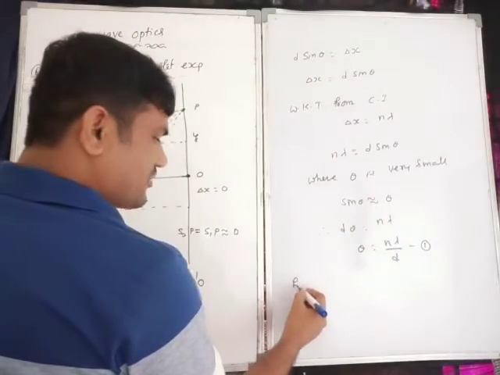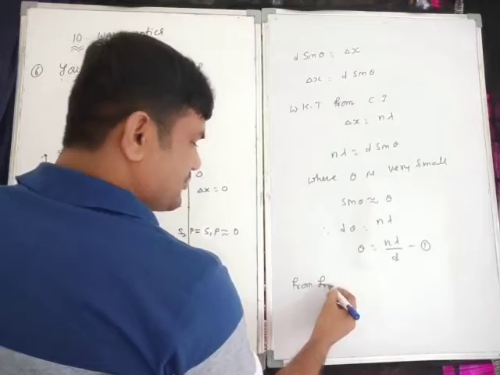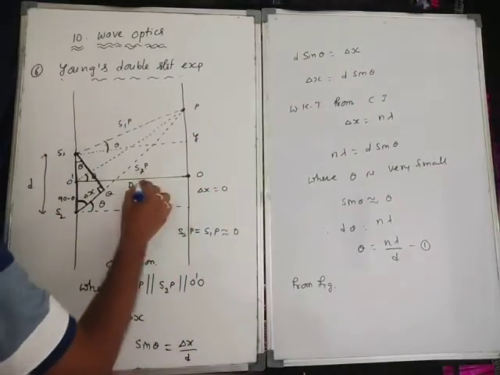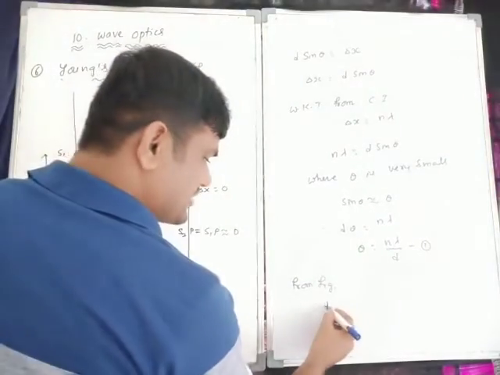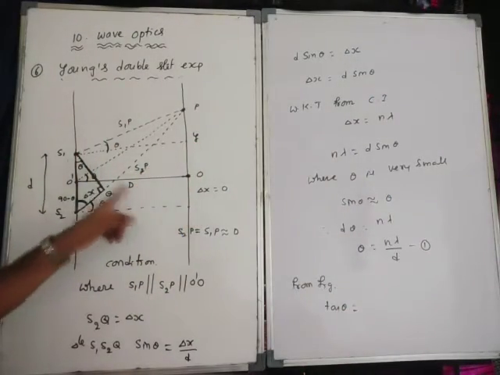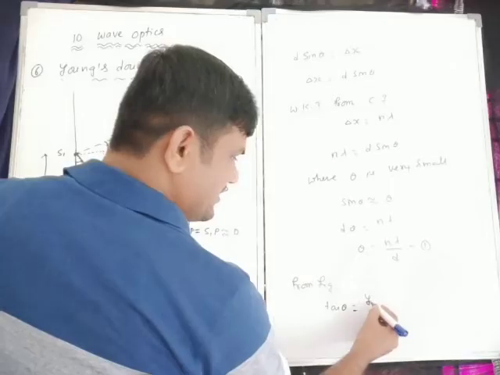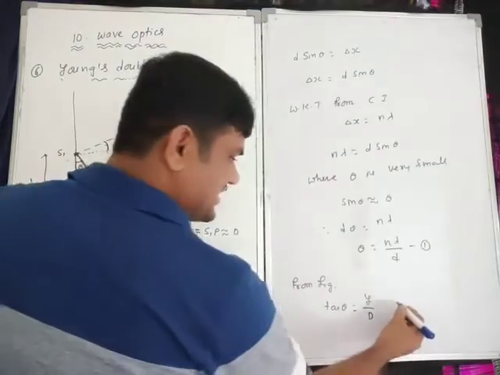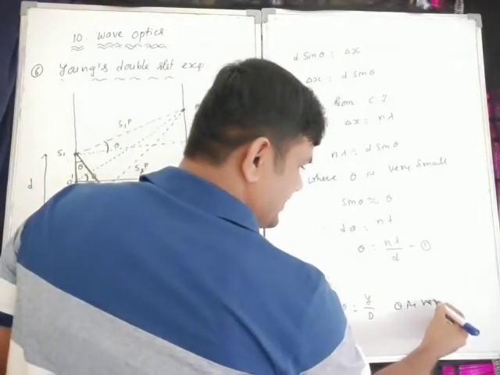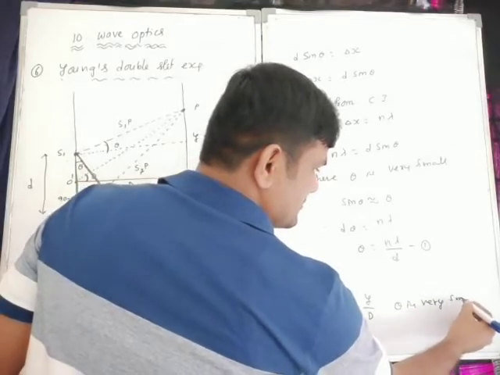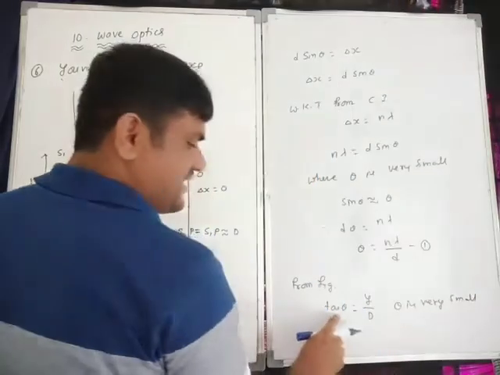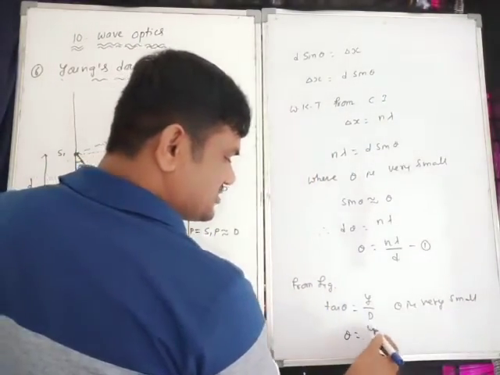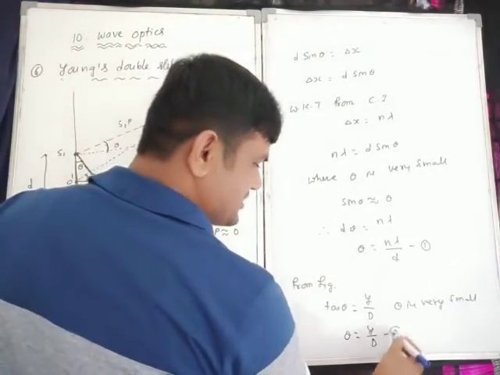So from the figure, this is the y, this is the D, right? So tan theta is equal to y by D. Here also theta is very small, so tan theta becomes theta, which is equal to y by D. Equation number 2.